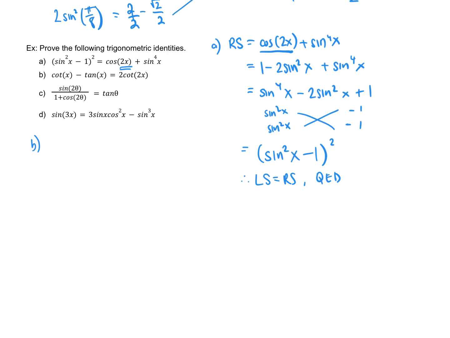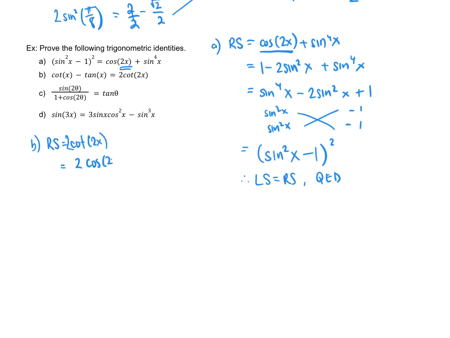Cotangent x minus tangent x equals 2 cotangent of 2x. I'm going to start with the right side because I think there's more to do with the double angle. Now, I'm going to replace cotangent with the identity of cos over sine.